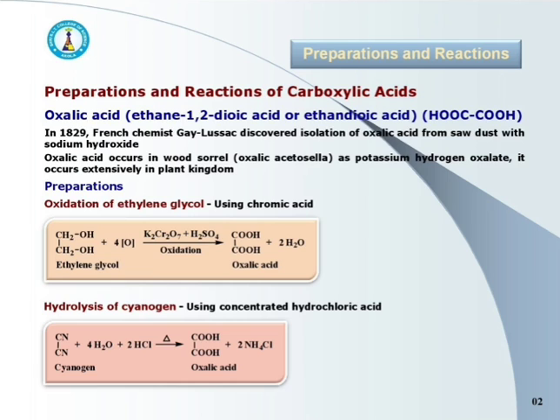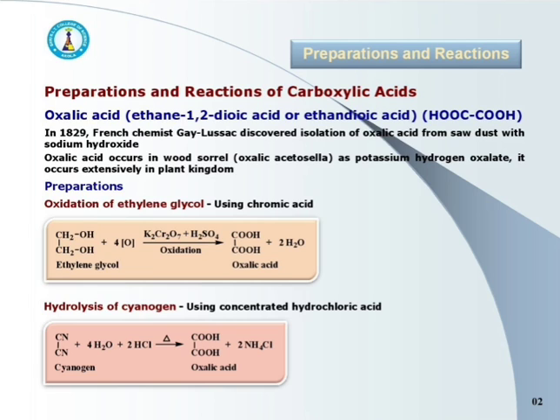See the reaction given here. Ethylene glycol, when treated with a mixture of potassium dichromate and sulfuric acid, undergoes oxidation to produce oxalic acid. Ethylene glycol gets converted to oxalic acid by oxidation.